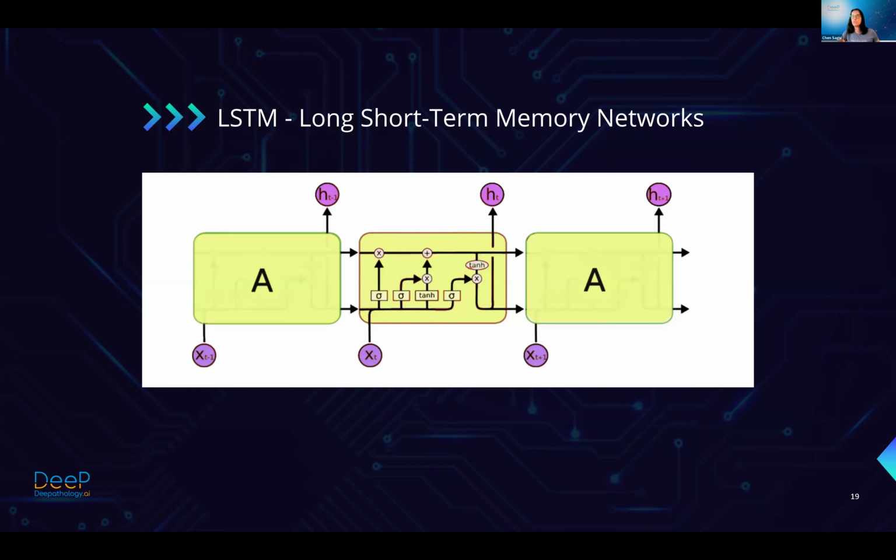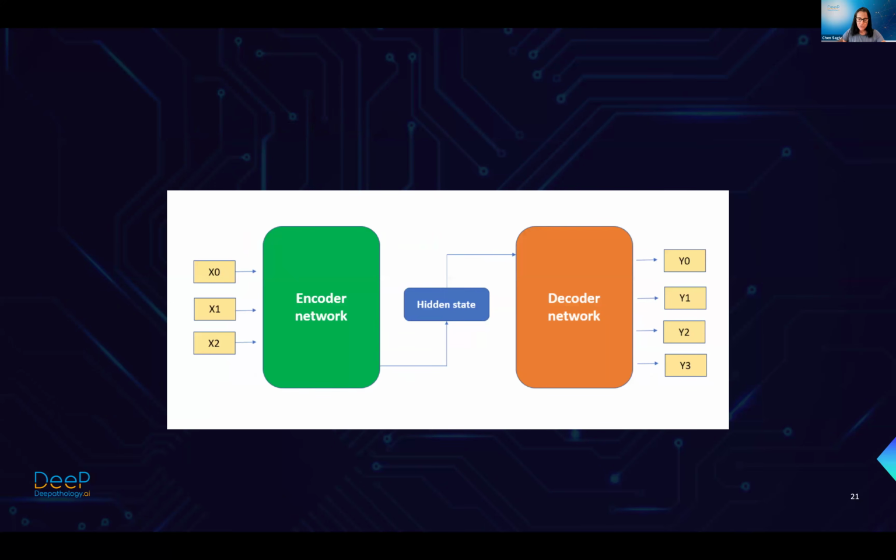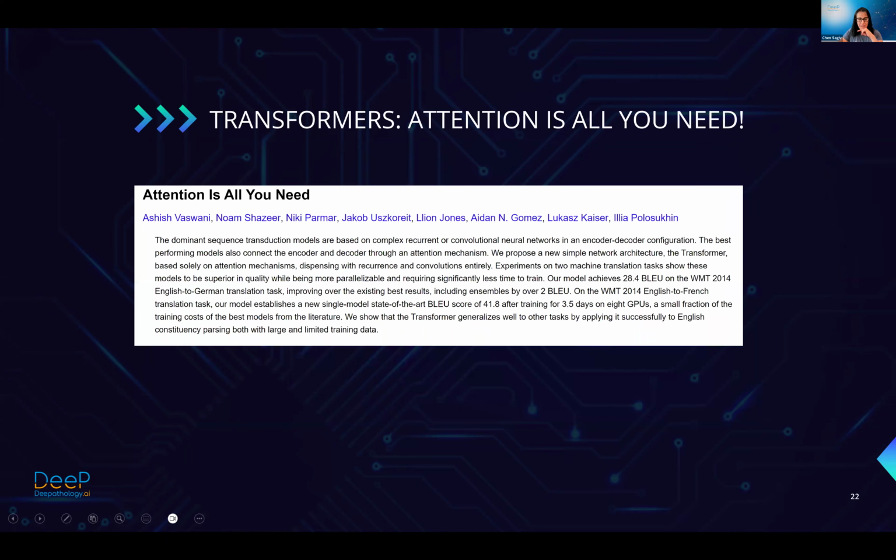So we wanted to balance the long and short memory using LSTMs. And I will skip this example. So with LSTMs and RNNs, we have some input, we have the encoder network, and then we get some kind of feature space, and then we decode it to the result that we want to have.